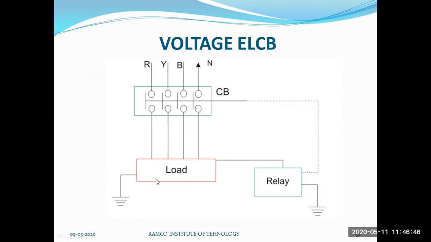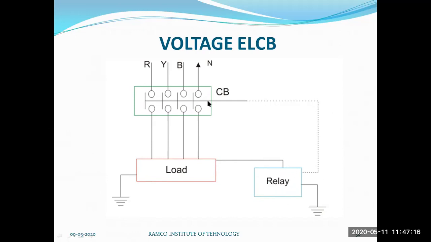When you touch your load or your electric appliance, you may feel an electrical shock. At that time, due to the difference in the potential of your phase and neutral, a proportional amount of current will flow into your earth point. The same amount of current will flow into your relay, so the relay coil will be activated.